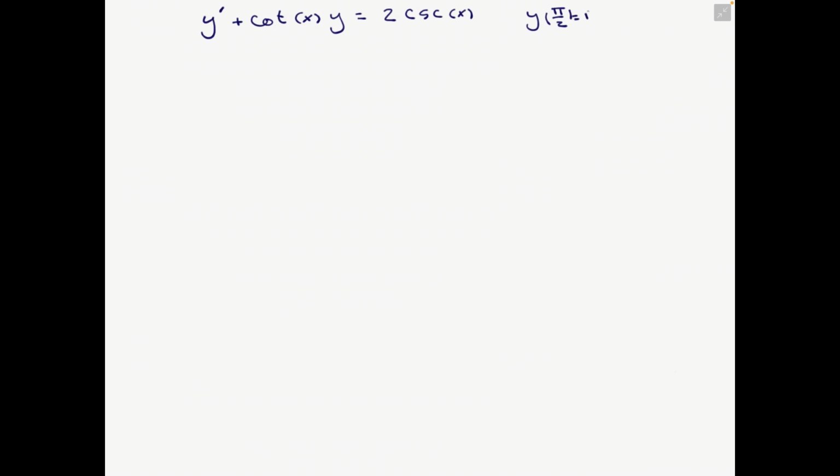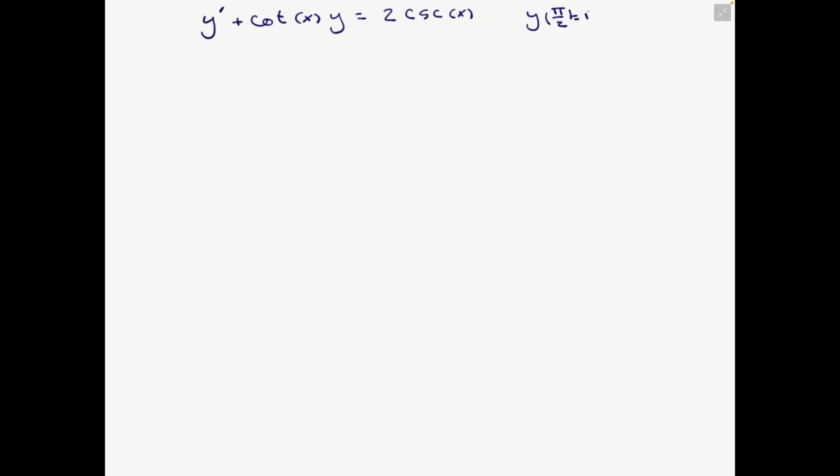Okay, so this is going to be an interesting situation. Cotangent is cosine over sine. So let's say p of x.